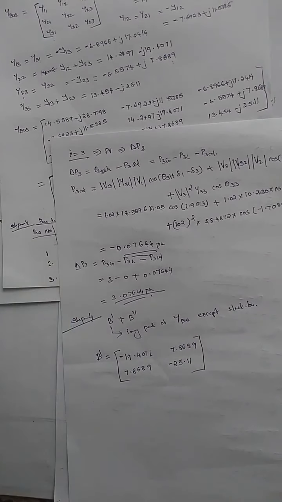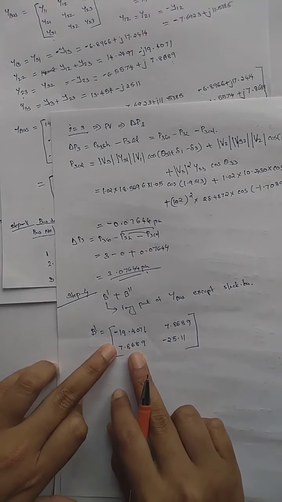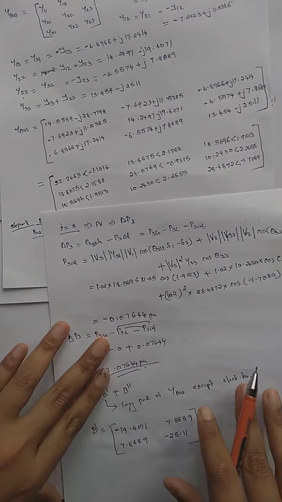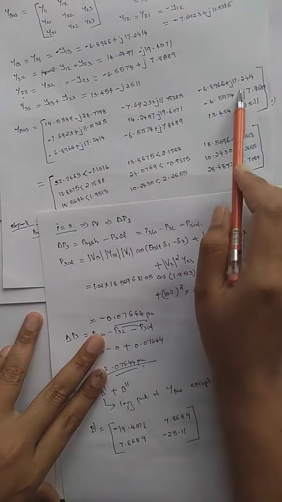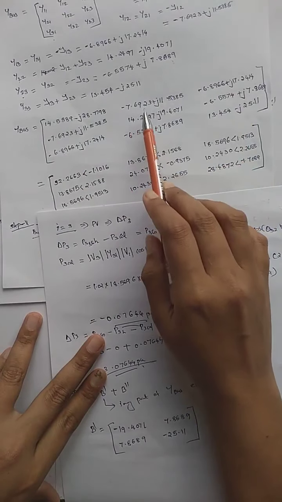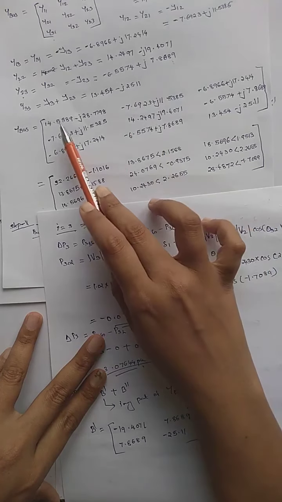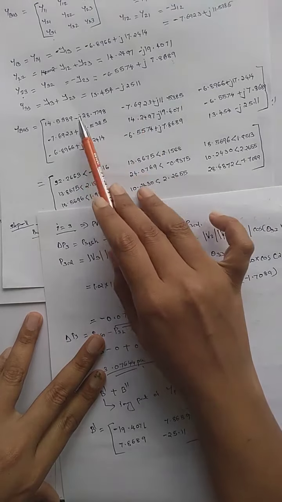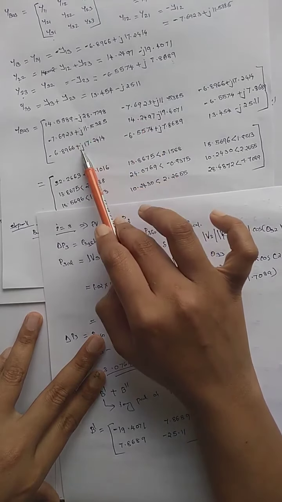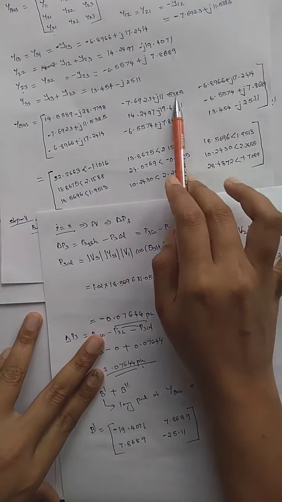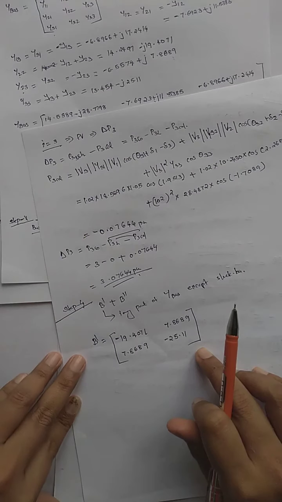I hope everyone is clear with our B dash matrix, because B dash is the imaginary part of this matrix for all the buses except the slack bus. Bus 1 is the slack bus, so I am eliminating the first column and the first row, and the remaining imaginary part I have calculated.